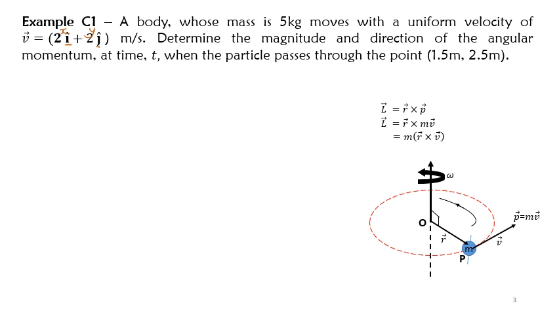So, as the body is moving with respect to the center of axis, going around, a point from the center where the body is, as the body rotates, at what time will it pass through the point (1.5 meter, 2.5 meter)?